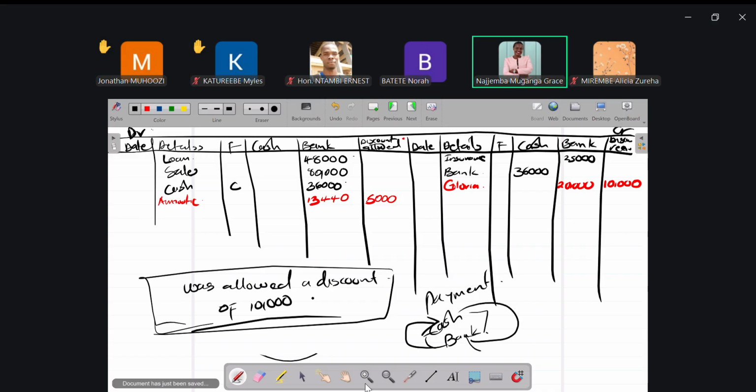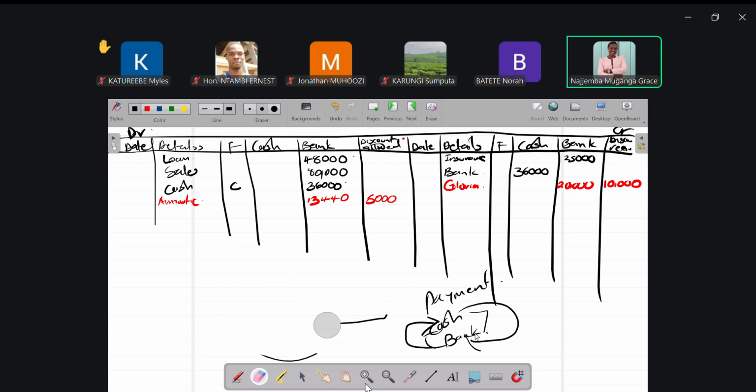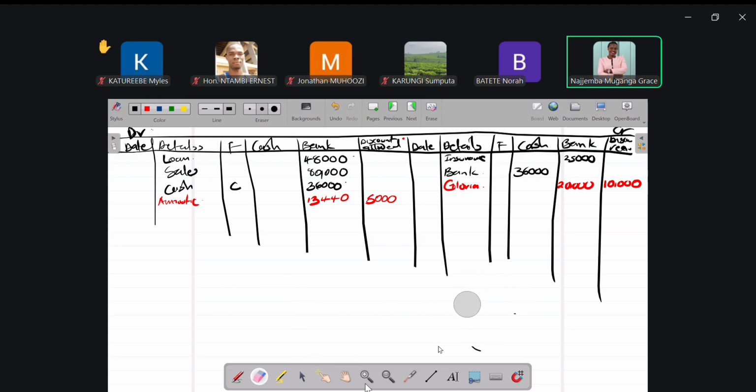So let's see, how do we close off or balance off the cash book? Remember, the cash book has the cash column and the bank columns together with the discount columns.